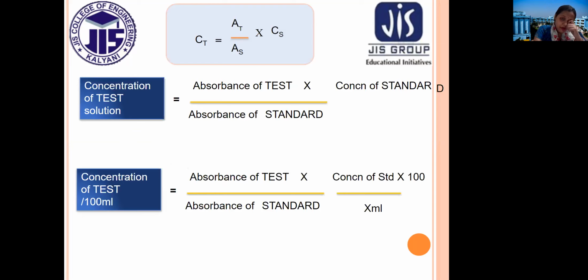So the concentration of the test solution can be written as absorbance of test solution into concentration of standard solution divided by absorbance of standard solution. Similarly, concentration of test solution per 100 ml equals absorbance of test into concentration of standard into 100 divided by absorbance of standard. So this is the standard formula where CT equals AT into CS divided by AS.